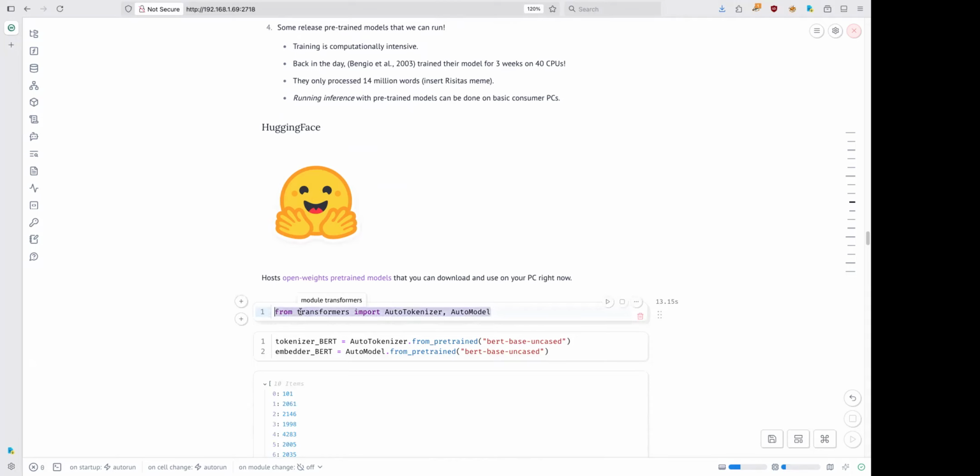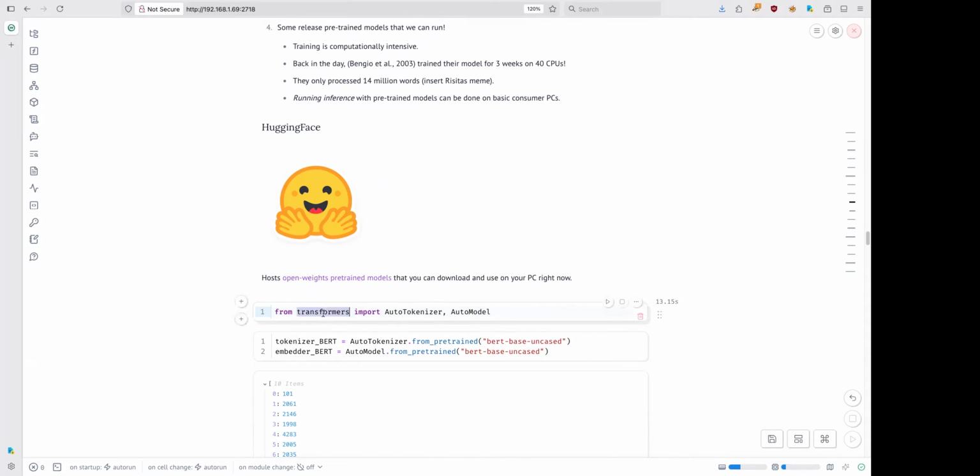There's a Python library. Python is great because there's a library for everything. You can parse the web, process audio, process text, and you can also download transformer models from Hugging Face.